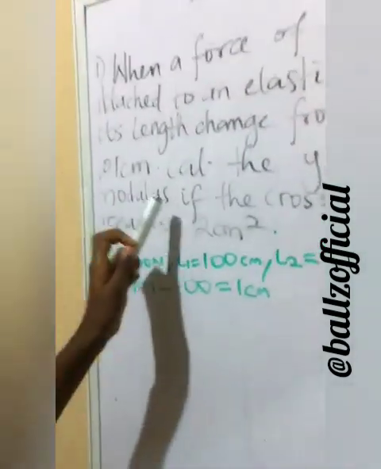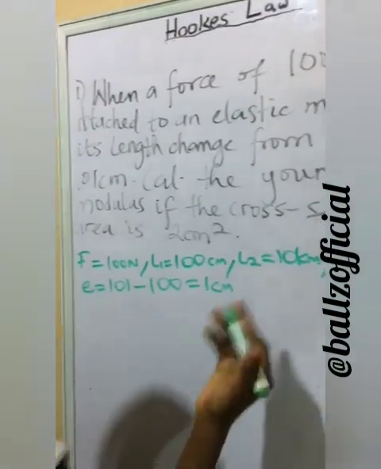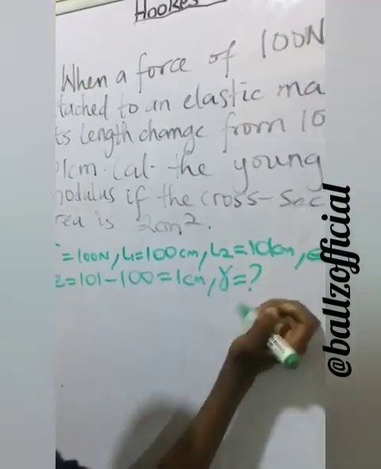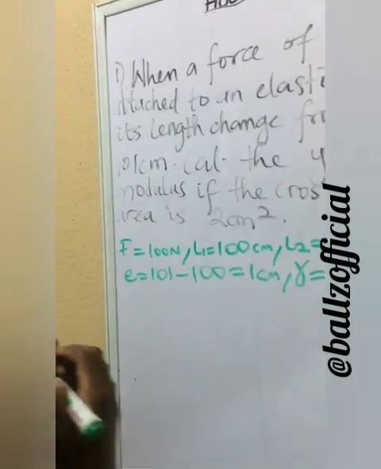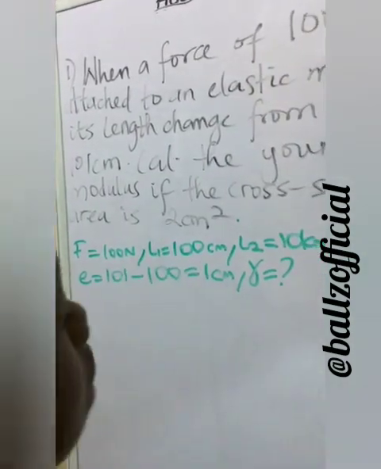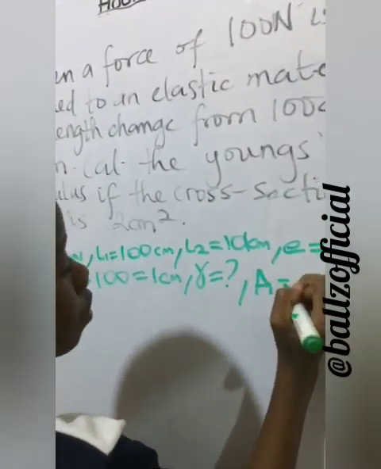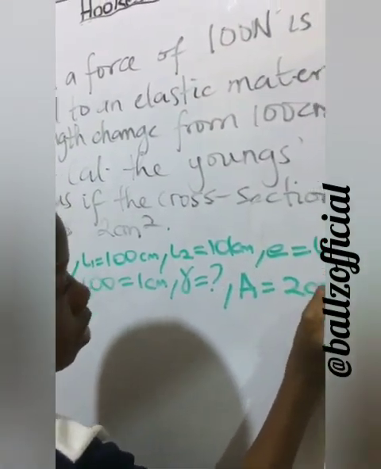Let's read further. Calculate the Young's modulus. So this is the symbol for Young's modulus. Note that if the cross-sectional area is 2 centimeters squared, we already know that area is denoted with capital letter A, so put it equal to 2 centimeters squared.